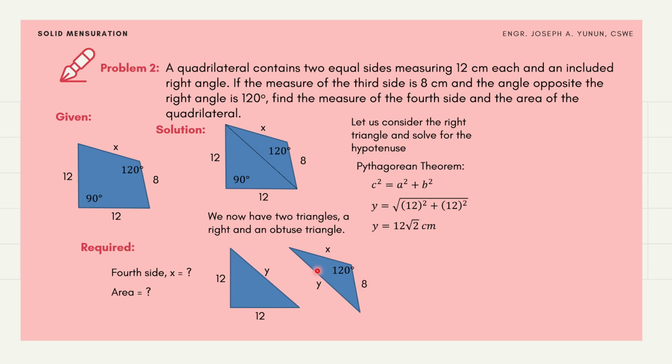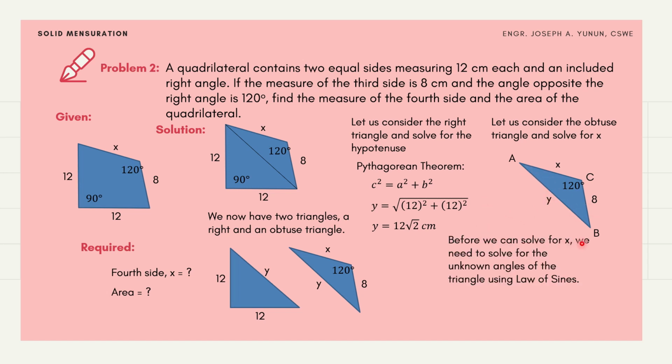Now I will consider this triangle, the obtuse triangle, and solve for x. For that, we need to determine the angles. Before we can solve for x, we need to solve for the unknown angles of the triangle using the law of sines.